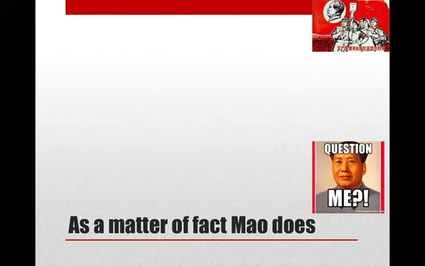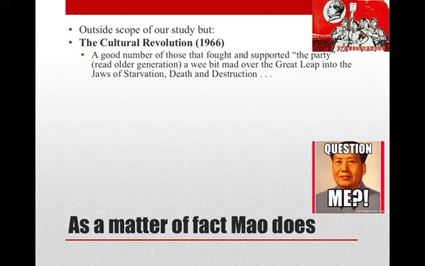So what happens after the Great Leap Forward, which equaled the Great Famine? It is outside of our study, but I've talked about it, so it's a good idea to know. Mao starts the Cultural Revolution in 1966. So again, guys, we're talking only 15-ish years since the CCP has taken power. You've lost about 80 to 100 million people from the Great Leap Forward, the Great Famine, and all those political executions.